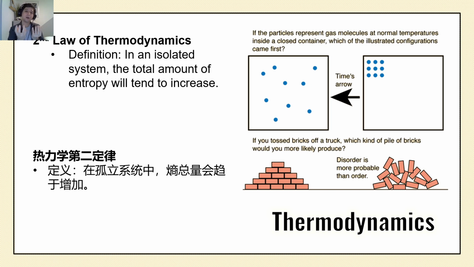So matter tends to become more disordered over time. Okay? Now, energy tends to become more spread out over time. And these are different ideas, but they are both true within this second law of thermodynamics.